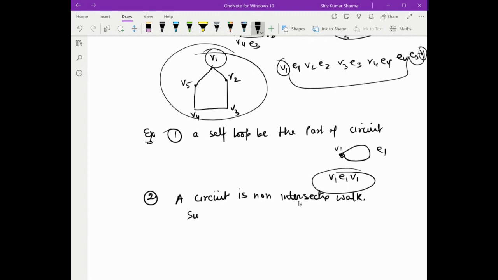Non-intersecting walk such that every vertex is of degree 2. If the degree is more than 2, then there may be a possibility that the edges will intersect each other.